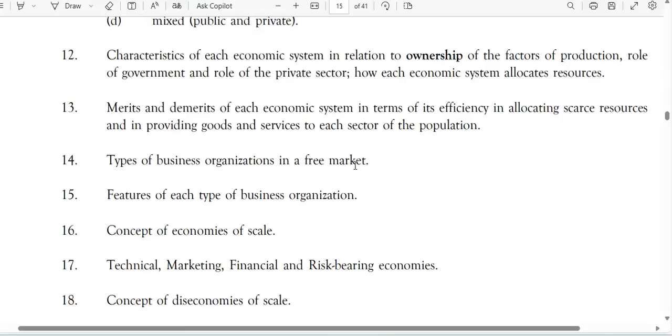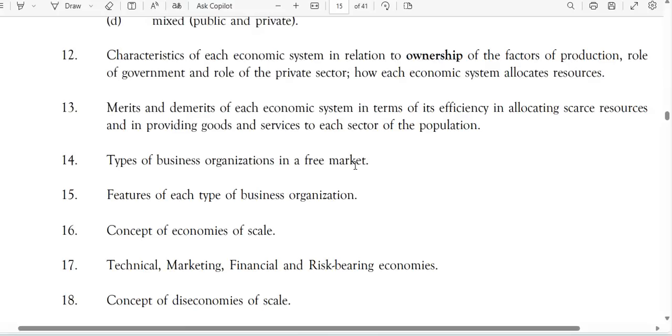Example would be a law firm. You could have two lawyers or two attorneys coming together, deciding to start a law firm. That would be an example of partnership business organization in a free market, or an accounting firm.